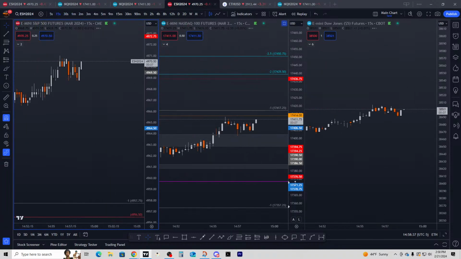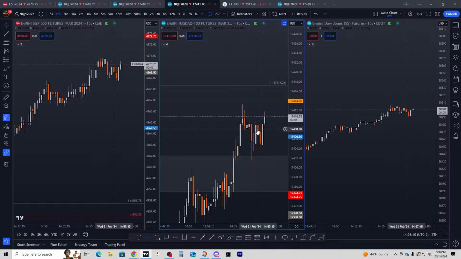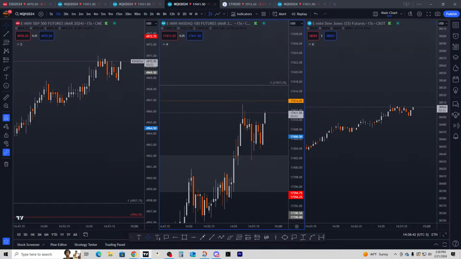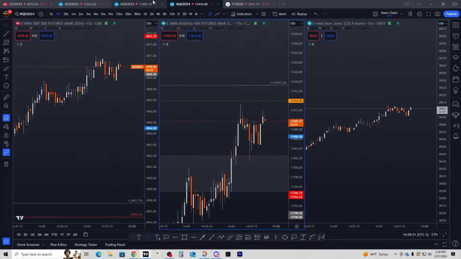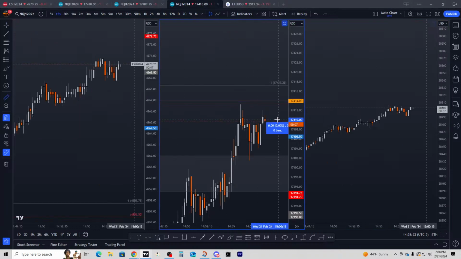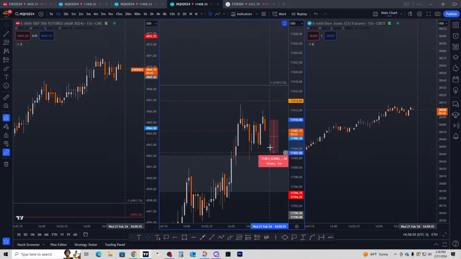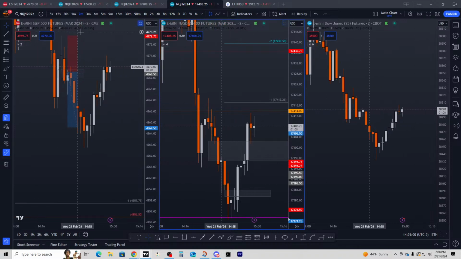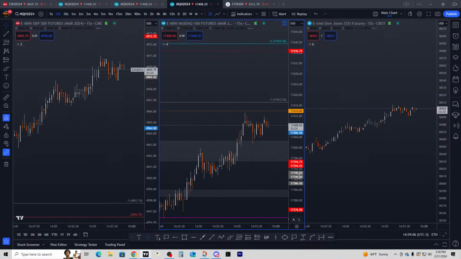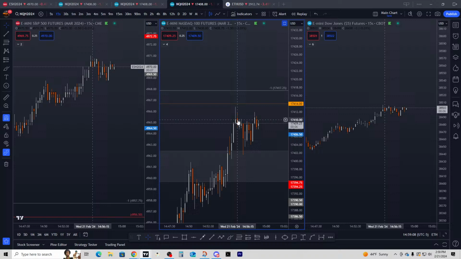Again, another 15-second inverse. Trade lower here. I'd say that's going to keep ripping up. I want to see this low hold though.